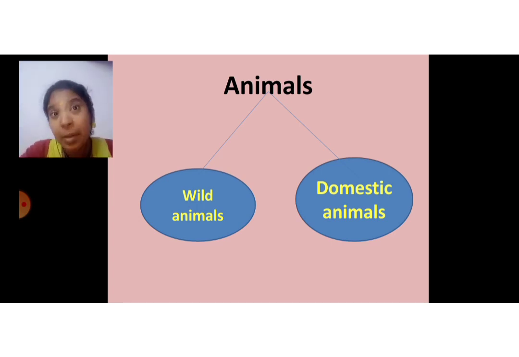Domestic animals can be either pet animals or farm animals, and they live in and around us and can be easily taken care of by us.